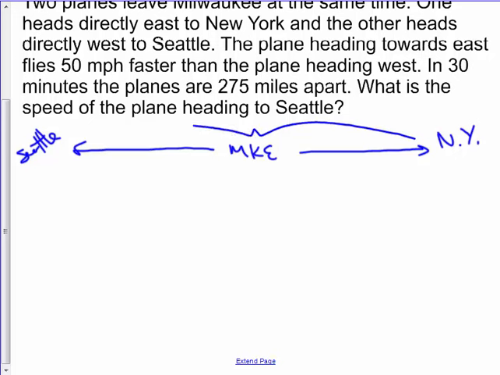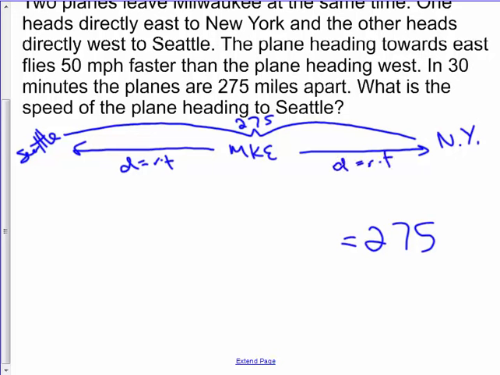So it says in 30 minutes, the planes are 275 miles apart. I could draw a plane there, but we know my drawing skills aren't very good. But I know that the distance is 275. So I'm going to add those distances together. The distance from Milwaukee to Seattle flying, distance from Milwaukee to New York that were in the air.